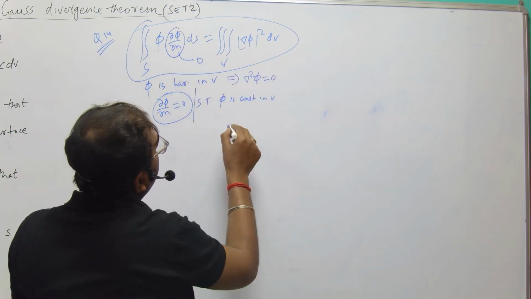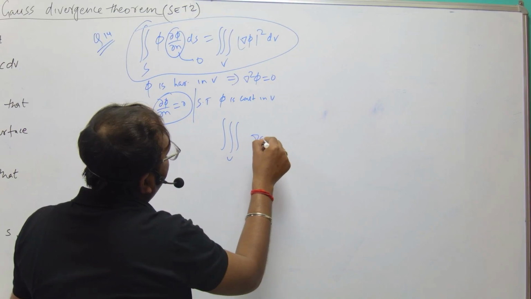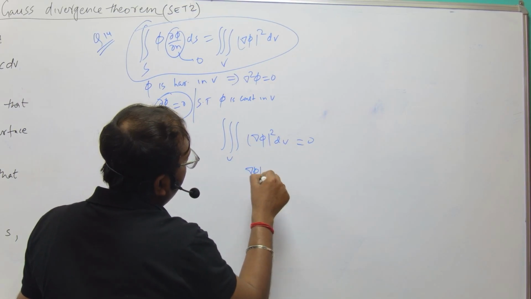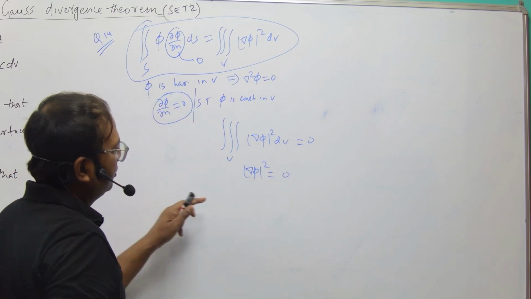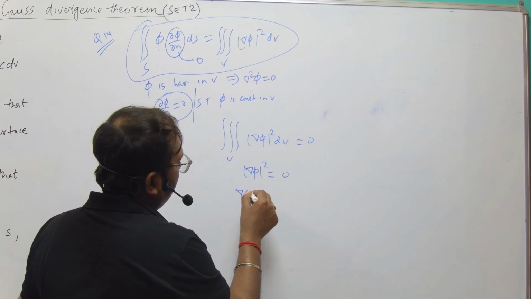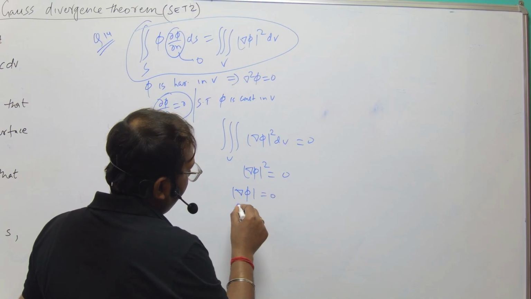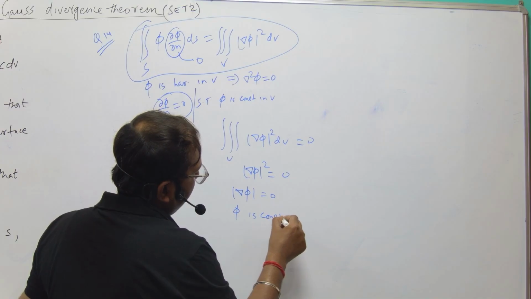So the volume integral of del phi mod whole square dv is equal to 0. This means del phi mod whole square is equal to 0, so del phi mod is equal to 0. This means phi is constant in V.